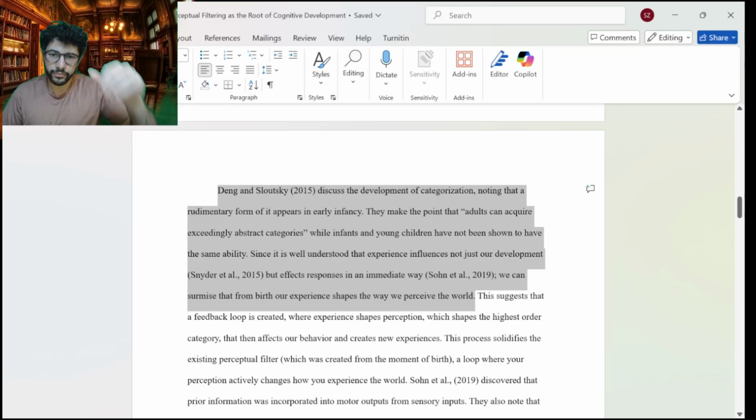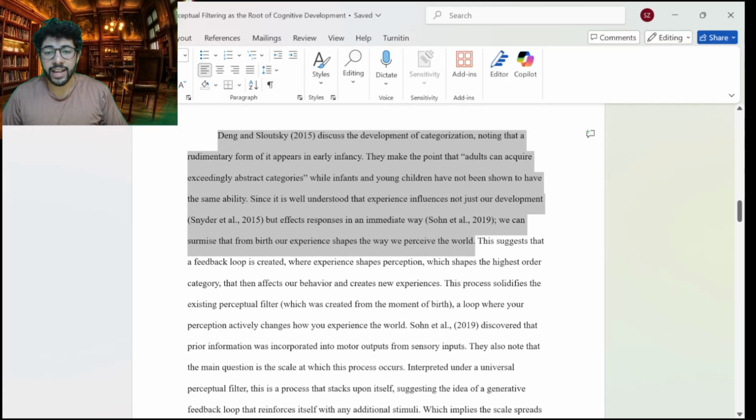Okay. All right. So, yeah, this is why I take the moment to clarify that experience affects our development in an immediate manner. It happens almost immediately, where whatever experience we are having shapes our perception, shapes our cognition, shapes our development.